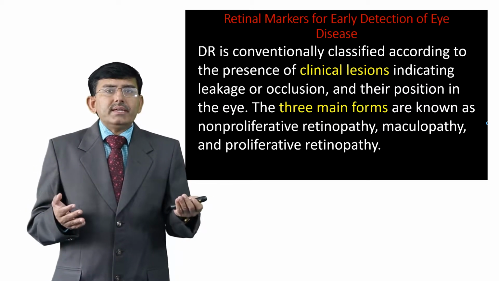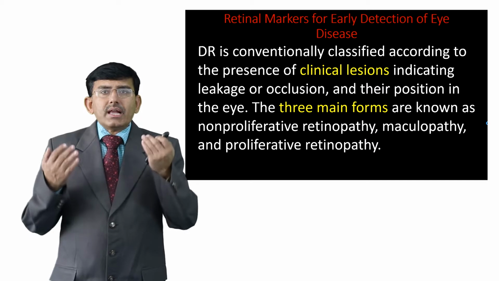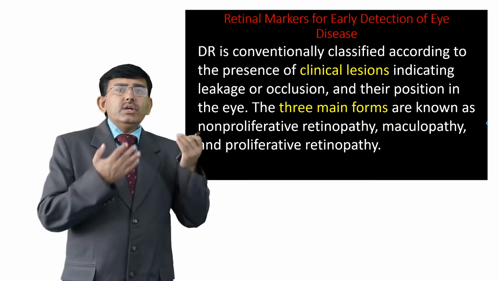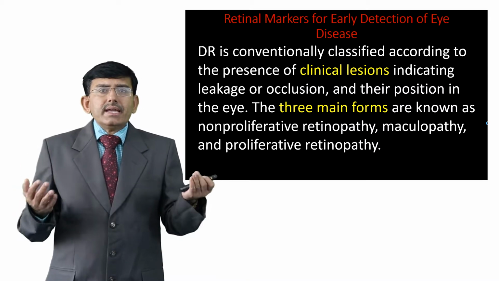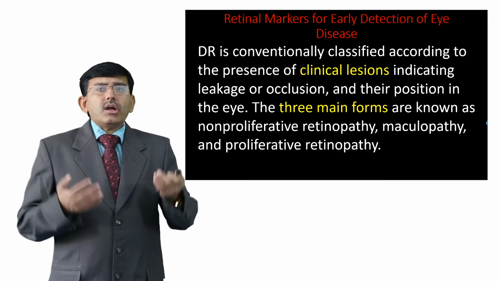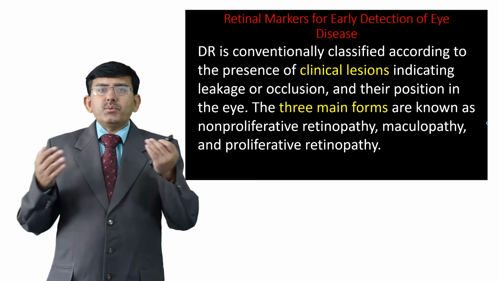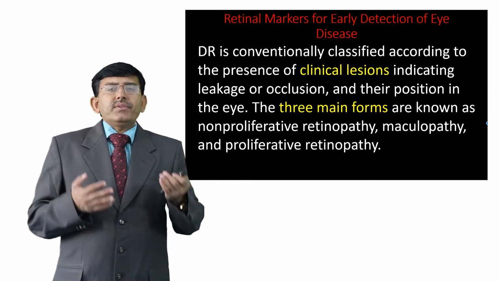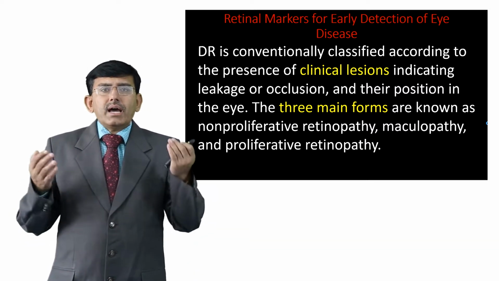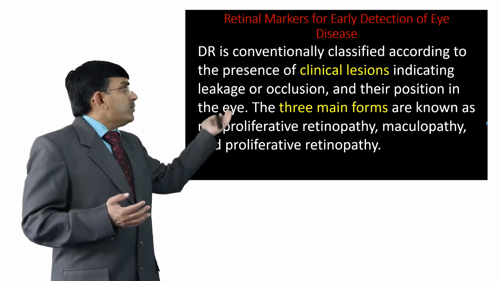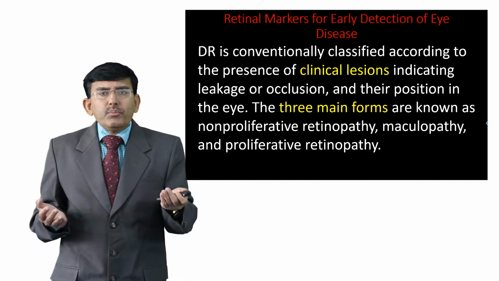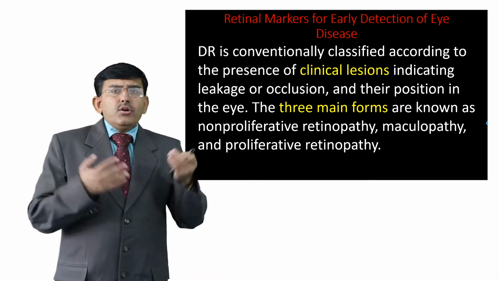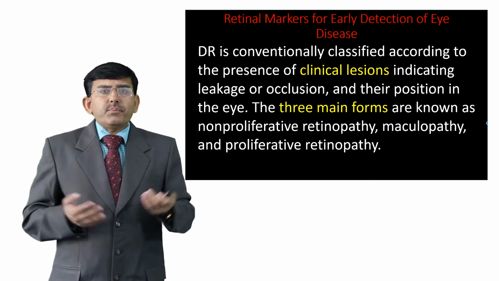Diabetic retinopathy is conventionally classified according to the presence of clinical lesions indicating leakage or occlusion and their position in the eye. The three main forms are known as non-proliferative diabetic retinopathy, maculopathy, and proliferative retinopathy.